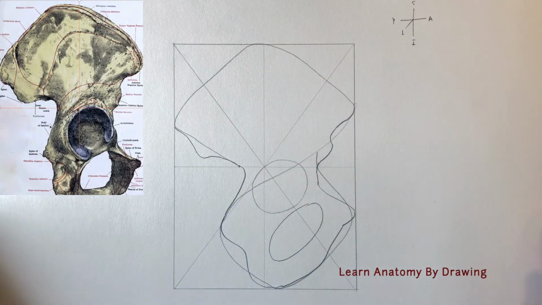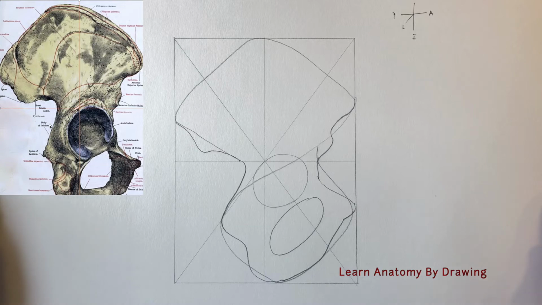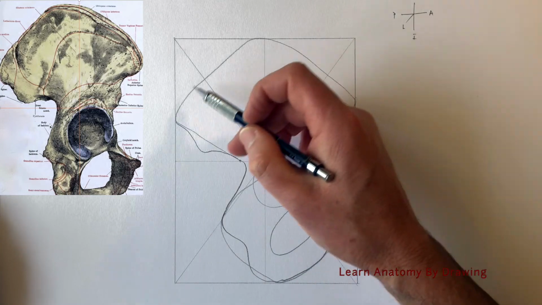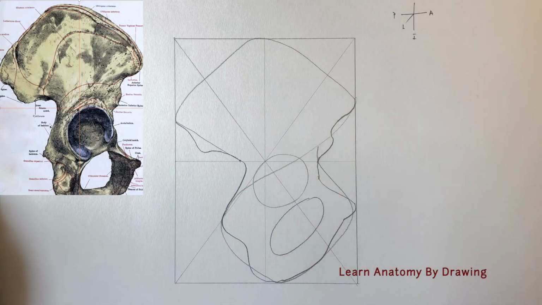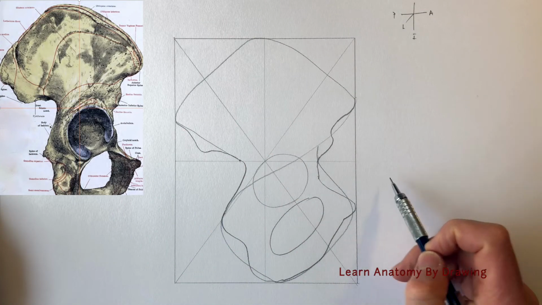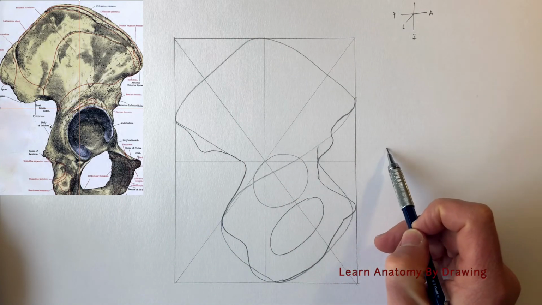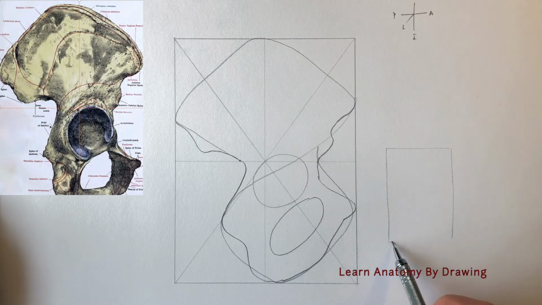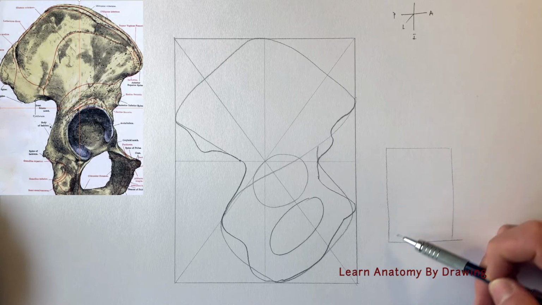Okay, let's do another one because I want to show you how to just do this quickly, and we're going to show you this is made up of a fusion of 3 bones. We'll come and label these in a moment. So let's just sketch roughly. This is the sort of doodle that you can do in your spare time. Just get a rectangle roughly that shape that we had.